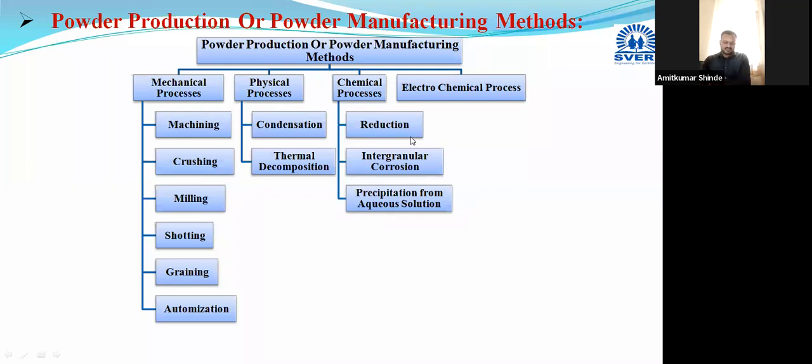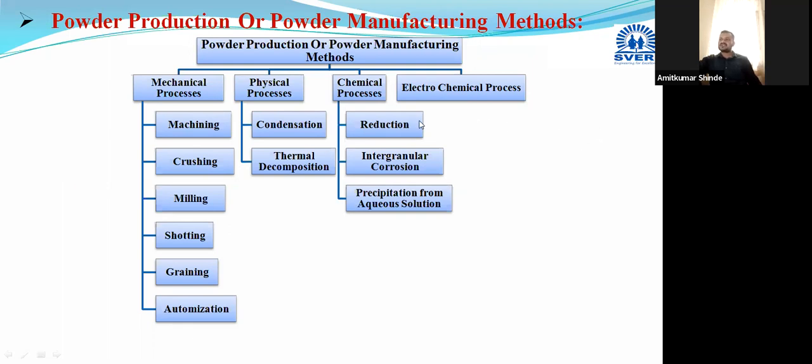You can use this reduction method in the same way to obtain chromium powder or zirconium powder. Chromium powder is obtained by reduction of chromium oxide with the help of magnesium, and zirconium can be obtained by reduction of zirconium oxide by adding magnesium.